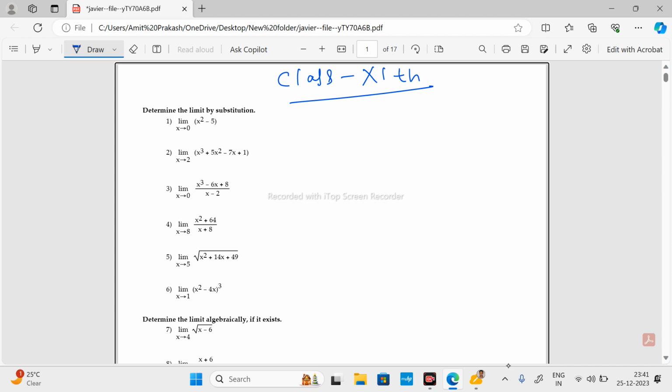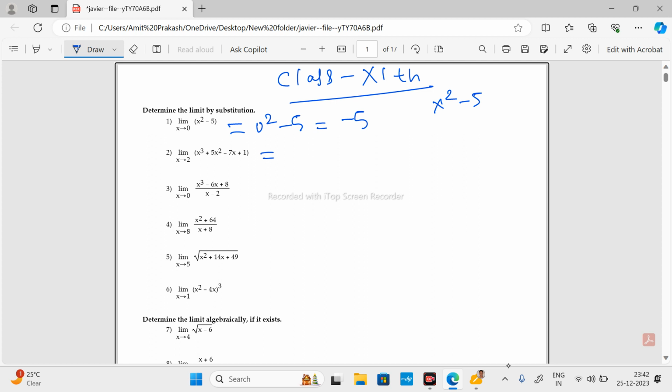We see here that x square minus 5 is a polynomial, and at x equals 0 it is defined, so we can put this value directly and get the limit, and this becomes minus 5.